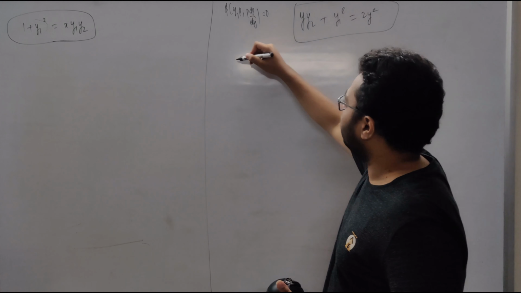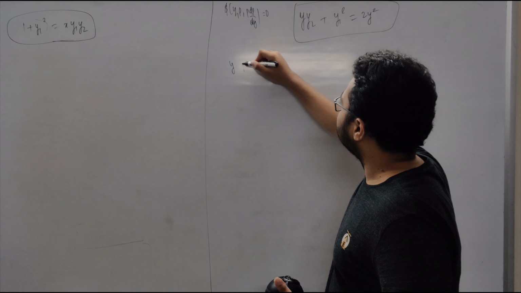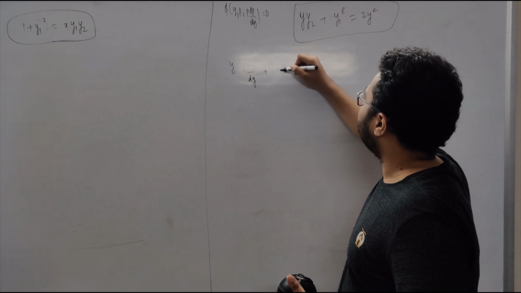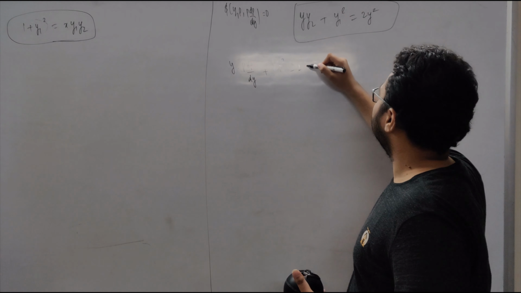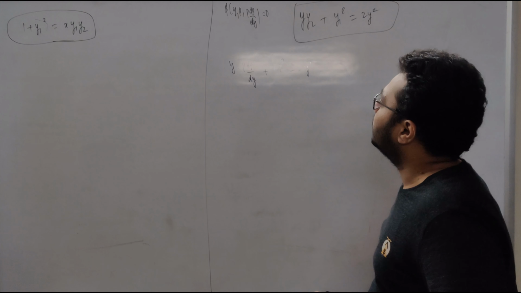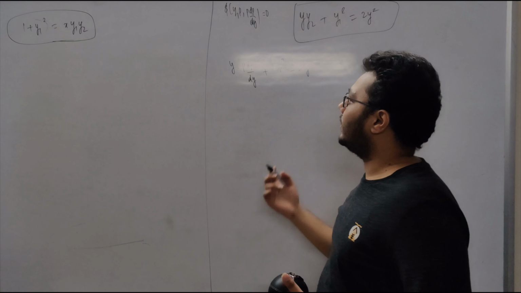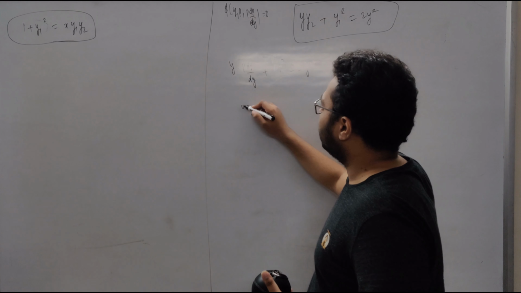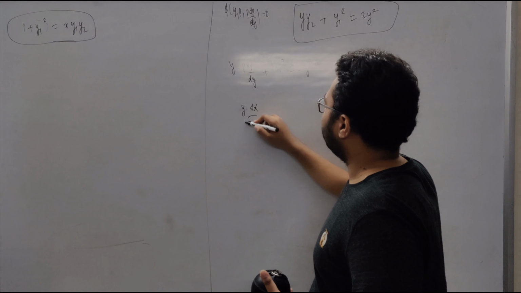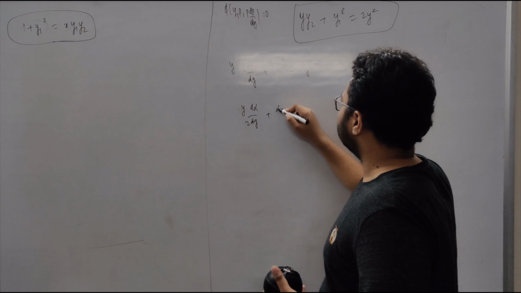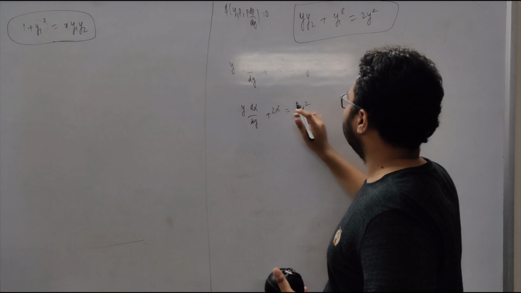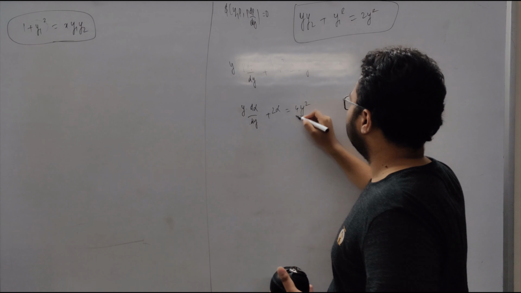So we have y times p dp by dy plus p square equals to 2y square. In this, if we put p square equals to some alpha, we have 2p dp equals to d alpha, so it is y times d alpha upon 2 dy plus alpha equals to 2y square, and we can multiply by 2 and divide by y.